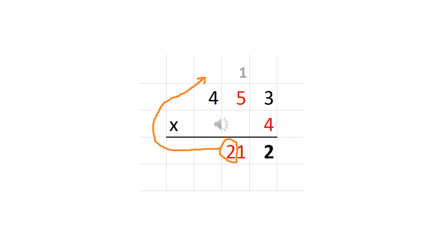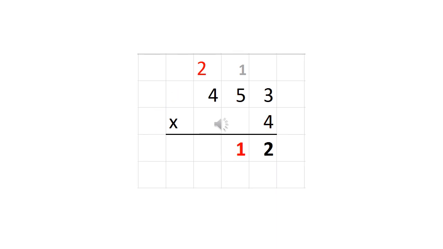We're going to leave the 1 behind. Now we're done with the tens place. We've got 1 left in the tens column, and we've moved the 2 up above the 4, and we're ready for our final step of doing the 4 times 4.